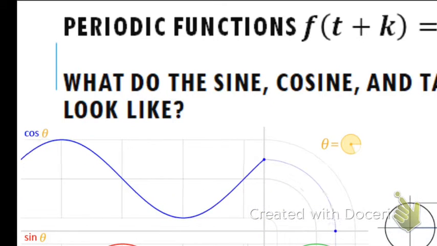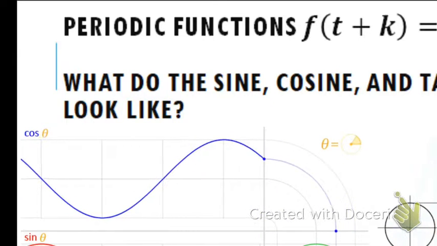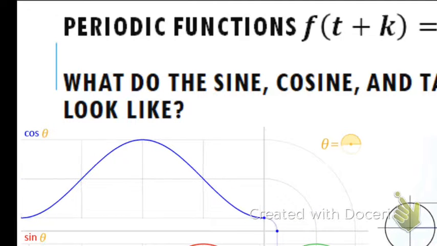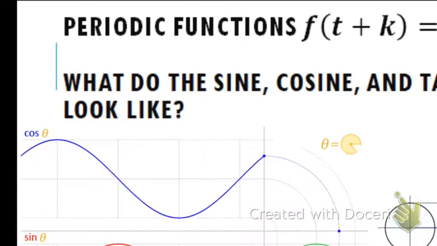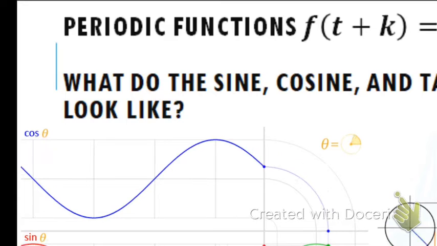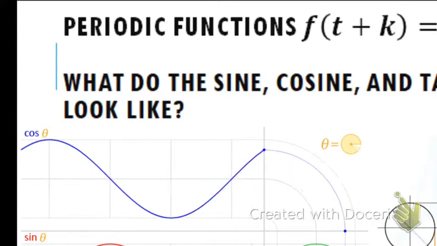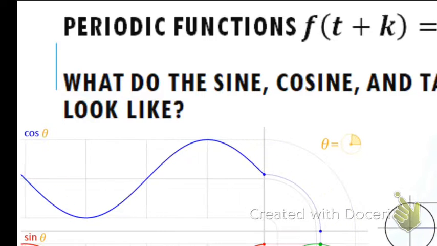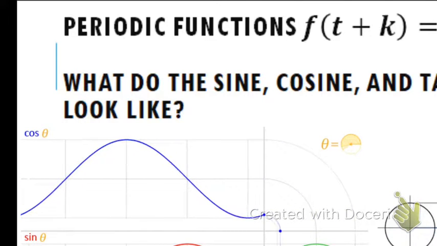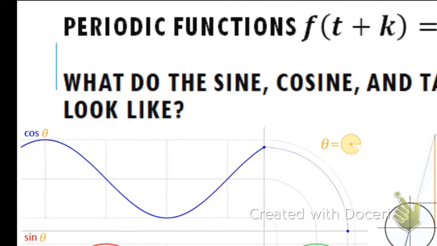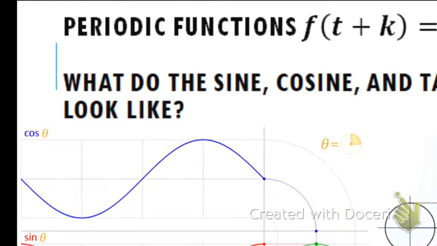Sine does the exact same thing. It bounces back and forth between +1 and -1. What do you notice when you see sine and cosine being graphed at the same time? They're the same exact pattern, but they're just a little bit off from each other.